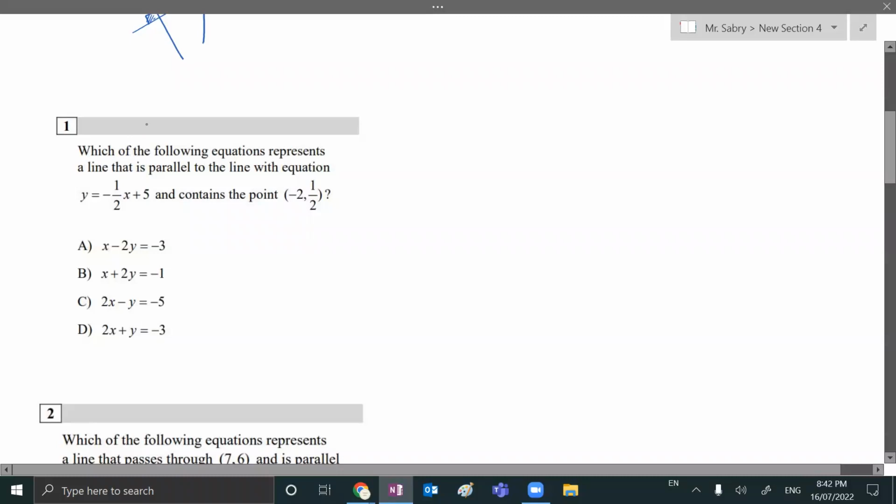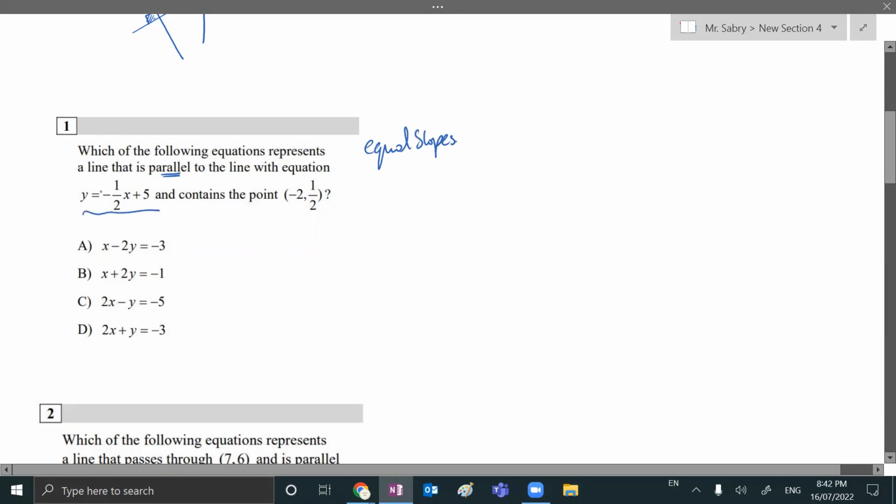Starting with the first question, which of the following equations represents a line that is parallel? And that's the keyword we were looking for. We said whenever we see parallel, we think of slopes, and we think of equal slopes to be precise. Parallel to which one?